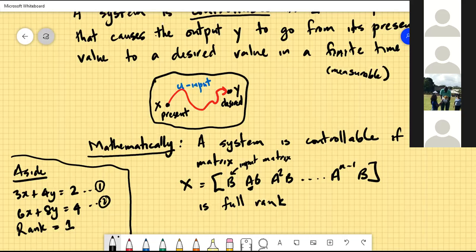Like I said, I'll leave it for when you're doing your master's and PhD in control to go further. All I'm saying is that what we mean by full rank is that you must be able to solve the system.